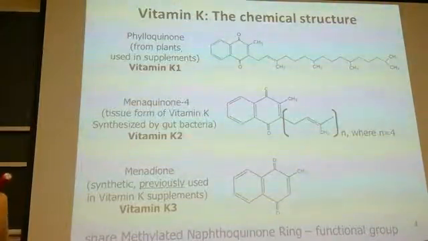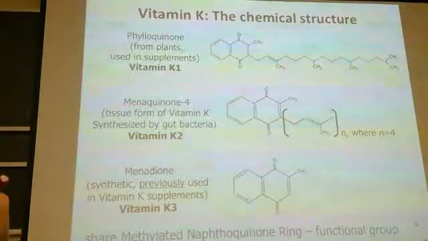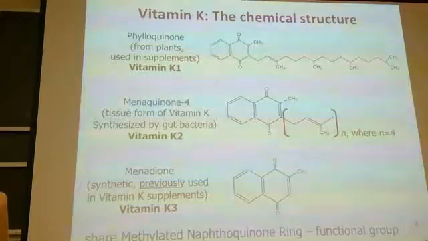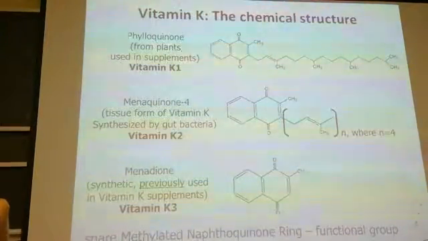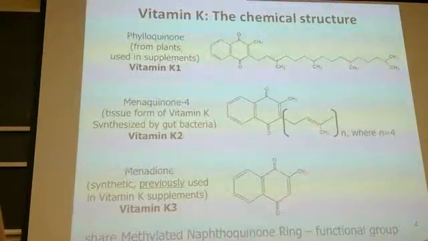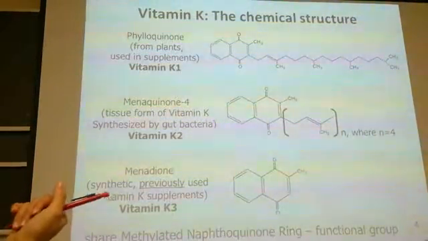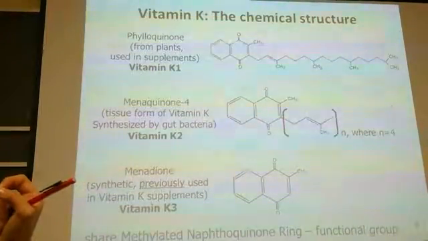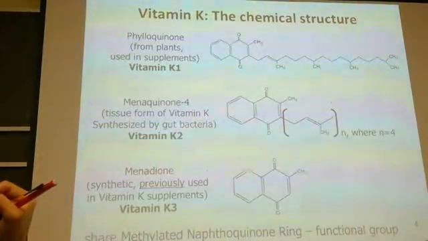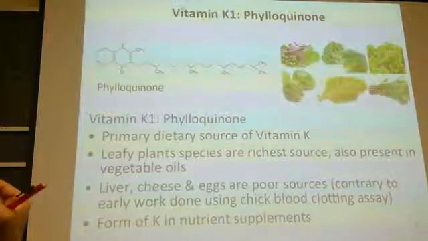But it's no longer used as a supplement, at least in humans, because it was observed that high doses of menadione can have liver toxicity. I think it's still present in some animal feeds, but we now only use vitamin K1 as a supplement form for humans.